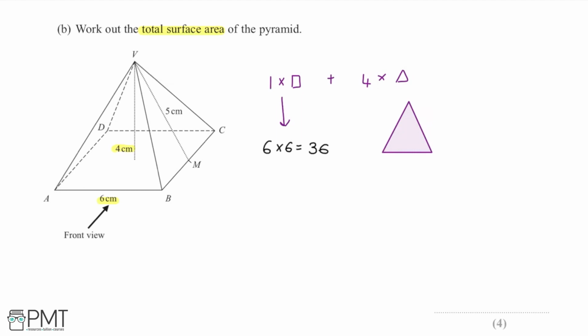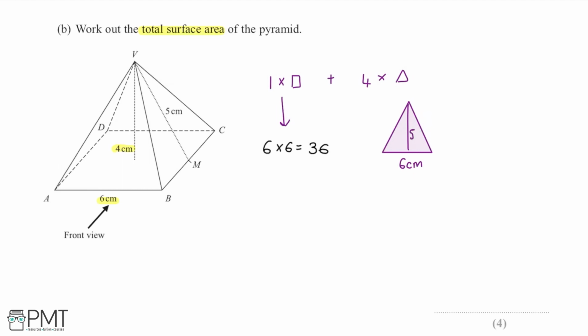I can then take the base length, so 6 centimetres here, and then this length of the triangle. Now this isn't going to be the height of the pyramid. It's not going to be this 4 centimetres. It's going to be the distance between the top of the triangle and the midpoint on its base. So the distance VM, which we're told is 5 centimetres.